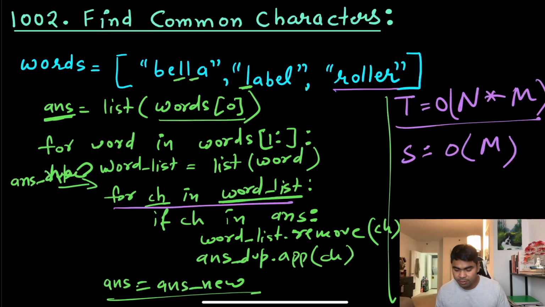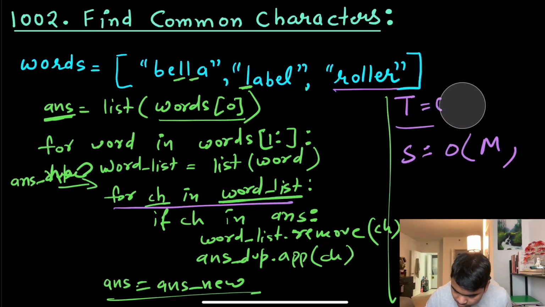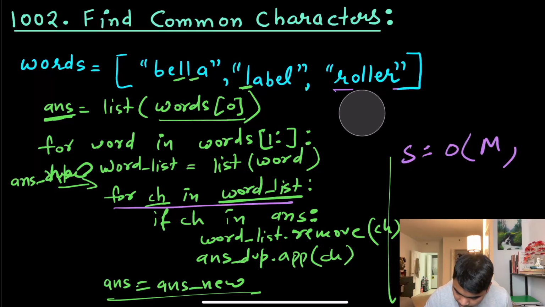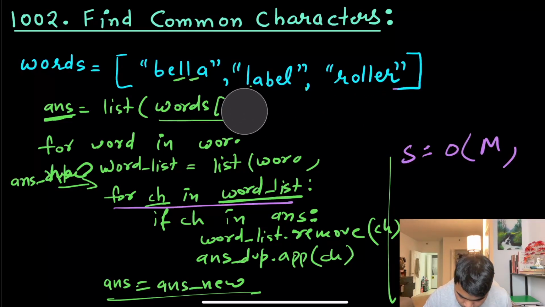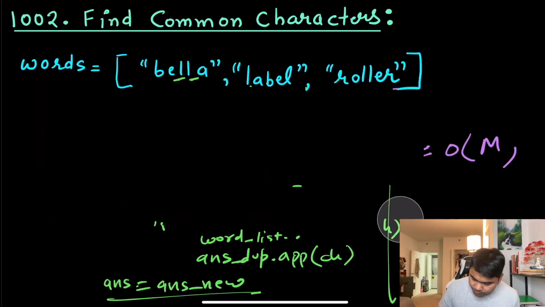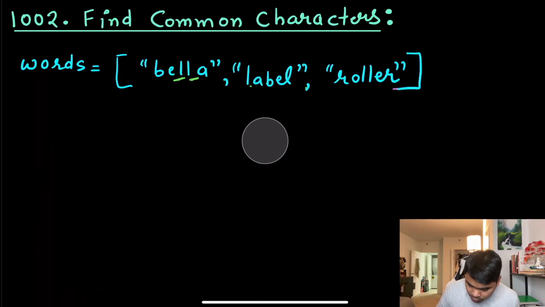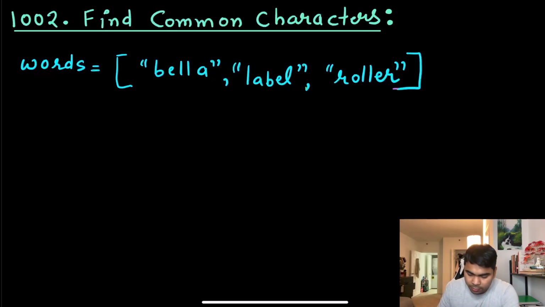Now, can we improve? Let's see if we can. Let's try to move to a more optimal, and if not optimal, definitely a simpler solution. I would say simpler solution. So what I'll do now is, since we were using even earlier the first word to create our answer, this time I'll just say my answer map.